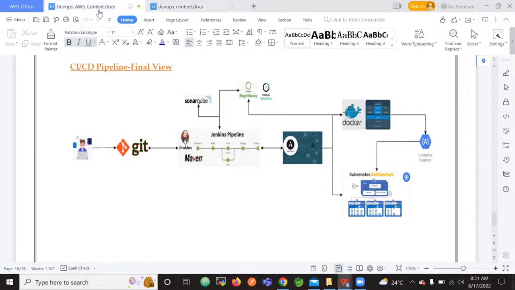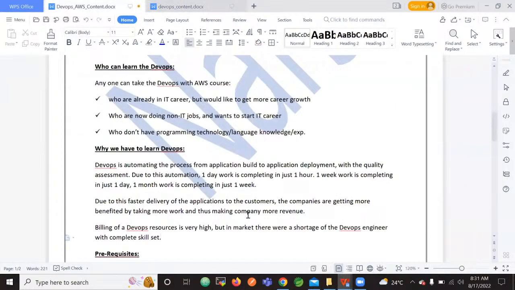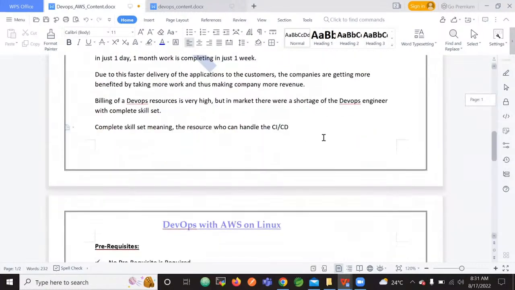So complete skill set means the resource who can handle the CI/CD. What is CI/CD? I'll explain going forward, we'll see the CI/CD pipeline.